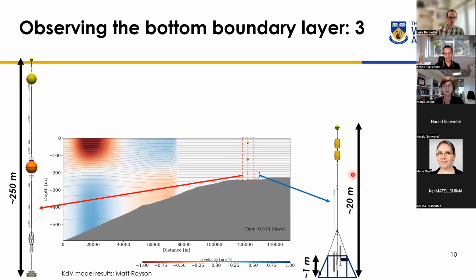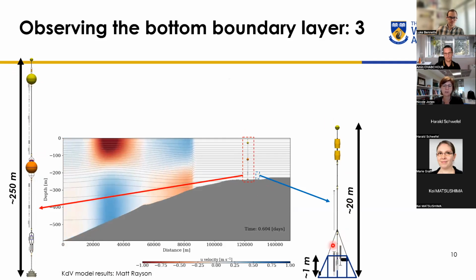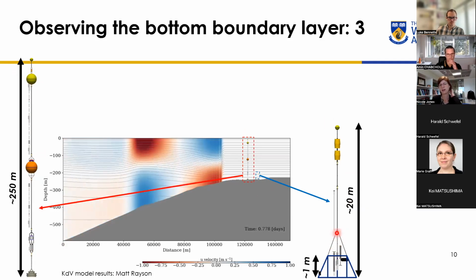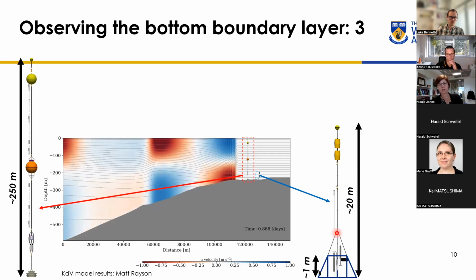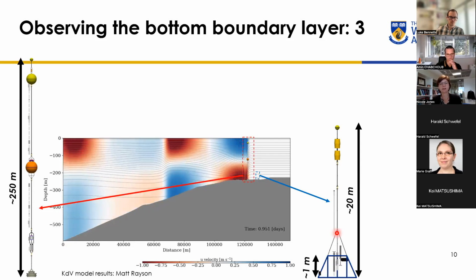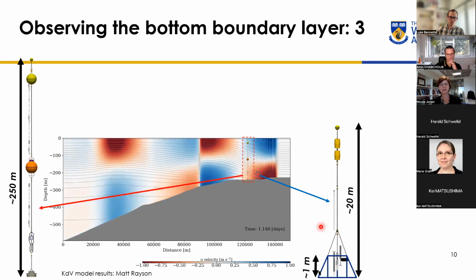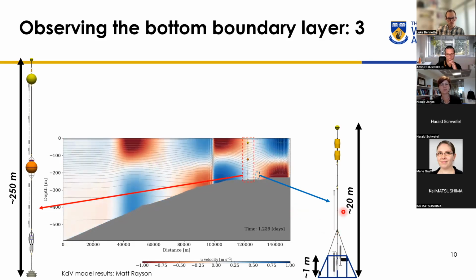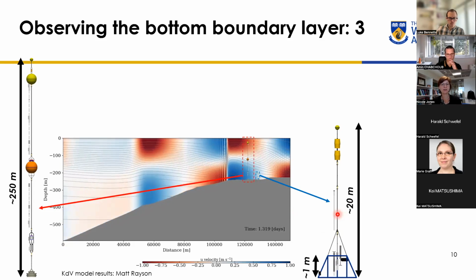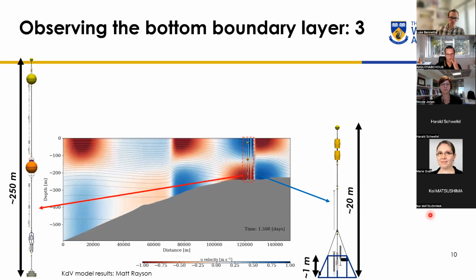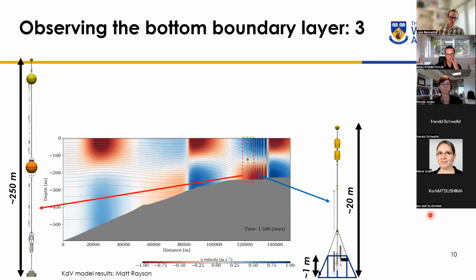And then we also have this highly instrumented bottom mounted frame, which is taking observations very focused on the near bed. And so you can see in this simulation here, we have the evolution of some nonlinear internal waves on the shelf, just to demonstrate what types of dynamics these moorings are measuring.